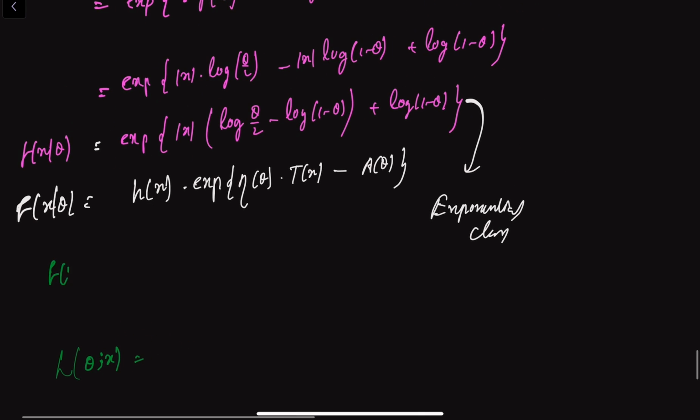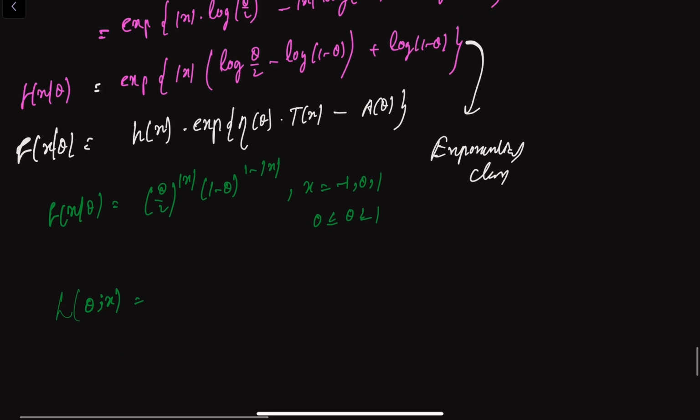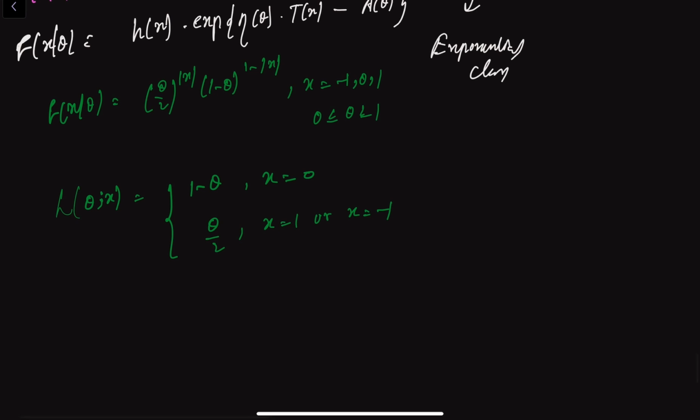We have f(x | theta) is (theta/2)^|x| times (1 - theta)^(1 - |x|) for x = -1, 0, 1, and 0 ≤ theta ≤ 1. So L(theta, x) is nothing but 1 - theta when x is 0, or theta/2 when x is 1 or x is -1.